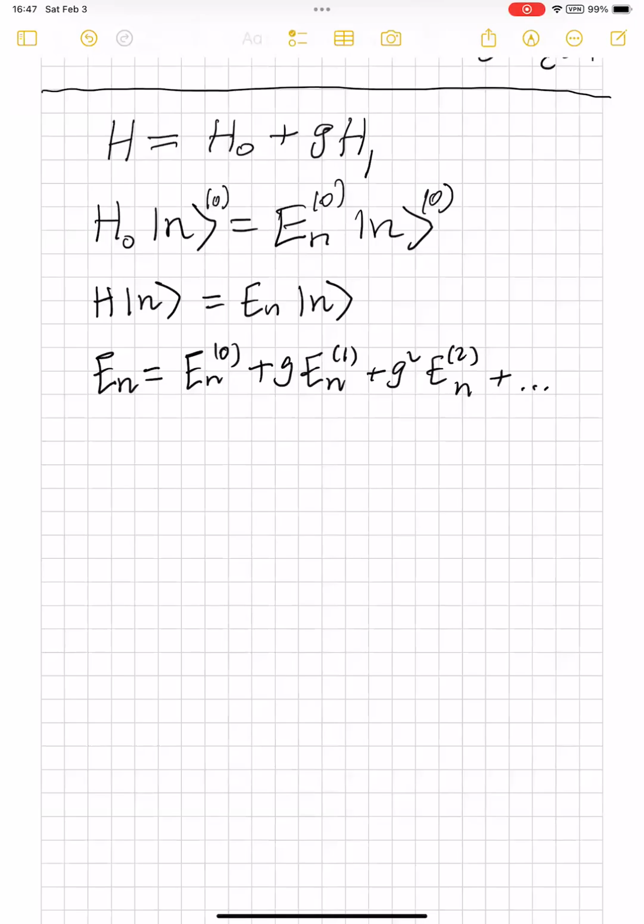Okay, so now let's write down what this energy actually is. So we've got the unperturbed energy, and now I'm going to use a formula from first order perturbation theory.